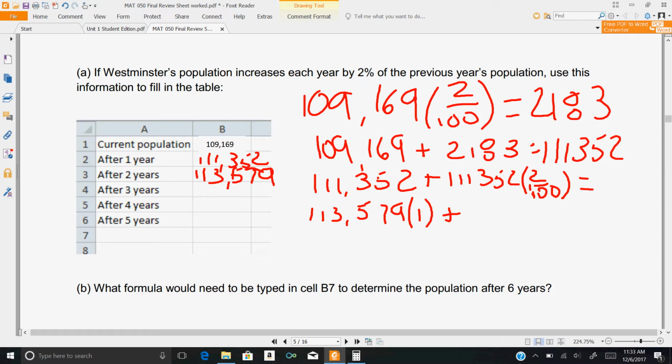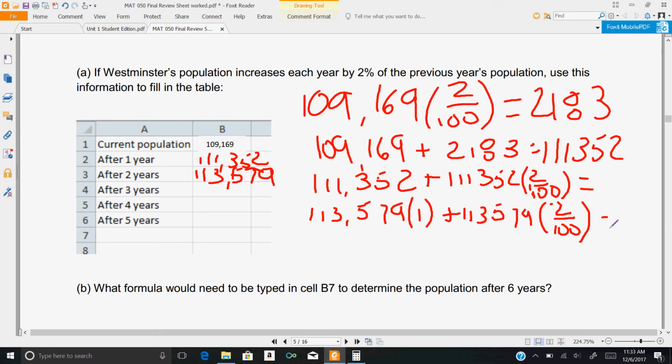I can do that. You may not see why, and hopefully will see in a moment, but I'm sure everyone agrees I can do that. And then I'm going to say this is 113,579 times 2 over 100.